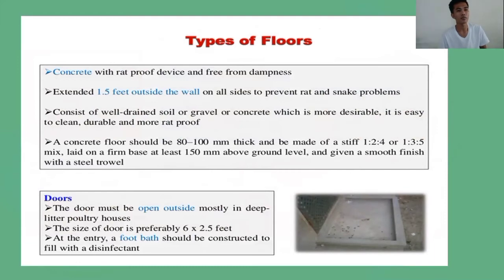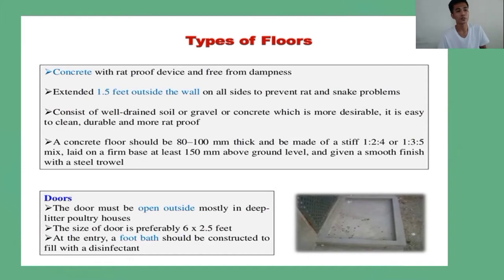A concrete floor should be 80 to 100 millimeters thick and be made of a stiff 1:2:4 or 1:3:5 mix, laid on a firm base at least 150 millimeters above the ground level, and given a smooth finish with a steel trowel.